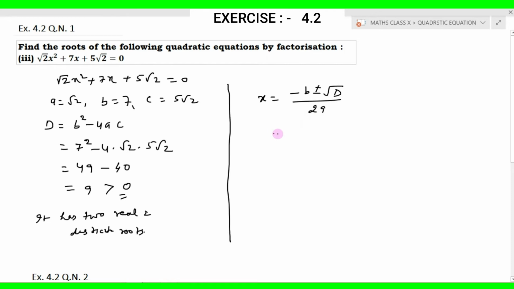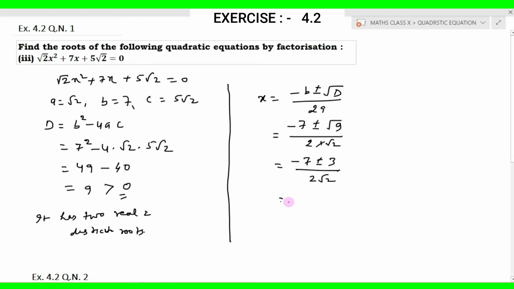Put the values here. The minus is minus, value of b is 7, plus minus root D, divided by 2a, where the value of a is root 2. So minus 7, and here you have to put the value of D. The value of D you have got is 9, so it will be 9. So minus 7 plus minus 3 by 2 root 2.